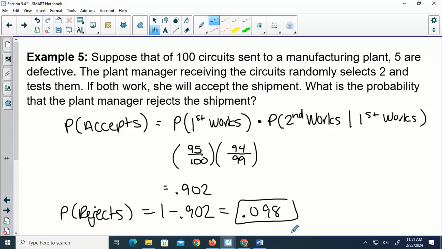So 9.8% chance that it will get rejected. All right. Any questions on that one?